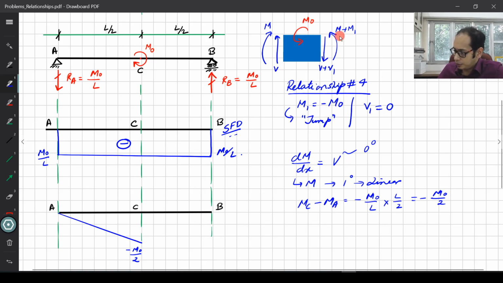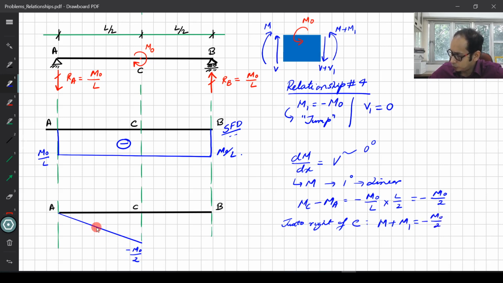So let's explicitly write it. Just to the right of C, what do we get? M plus M1. M was the moment just to the left, so that is minus M naught over 2, plus M1.